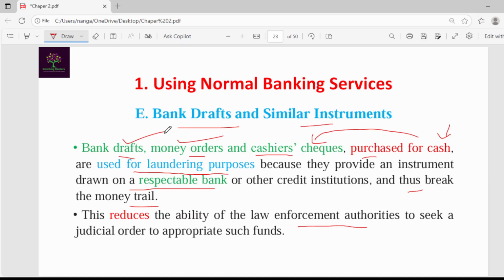So they want to reduce the ability of law enforcement authorities to seek a judicial order to appropriate such funds. For that, they purchase legal instruments like bank drafts, money orders, and cashier checks from their illegal funds through cash.